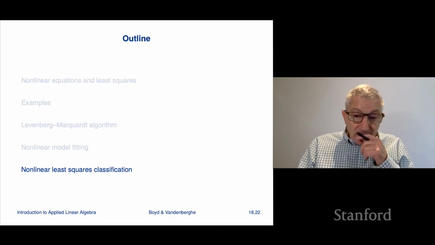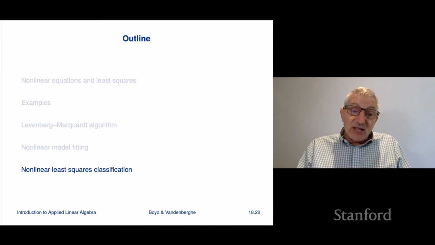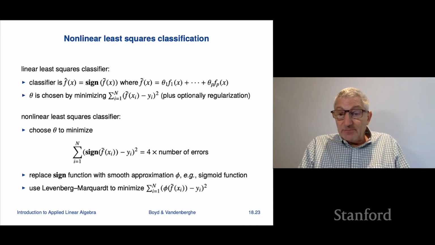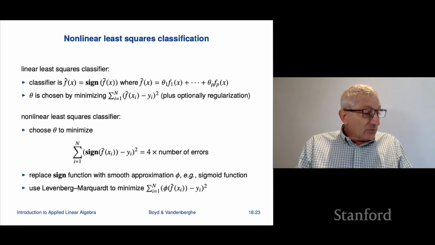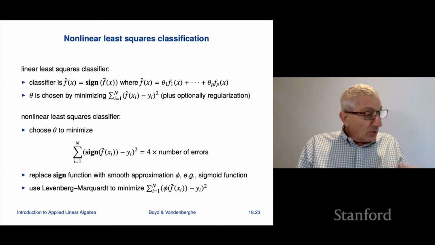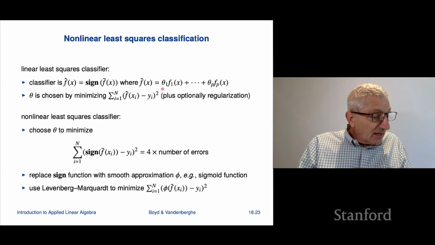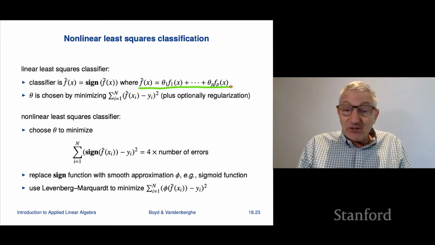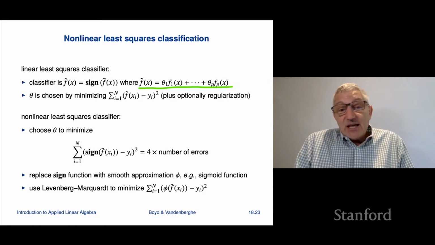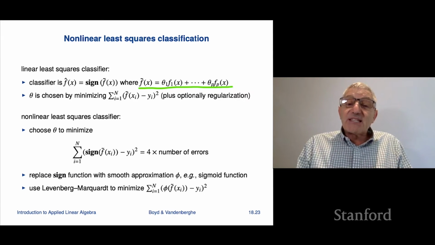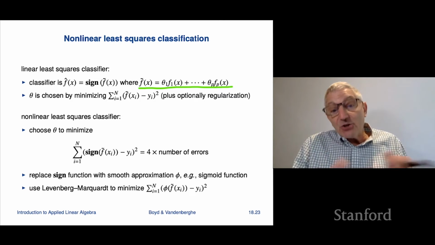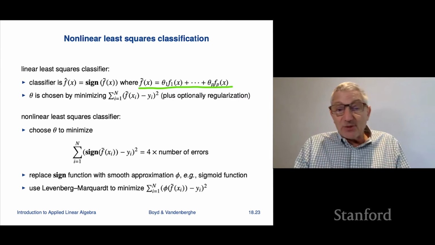The next topic is nonlinear least squares classification. Let's see how this works. Recall that in a linear least squares classifier, first we fit by least squares an f tilde of x. That's simply a regression or model prediction that predicts a real number that should ideally be close to -1 or +1.